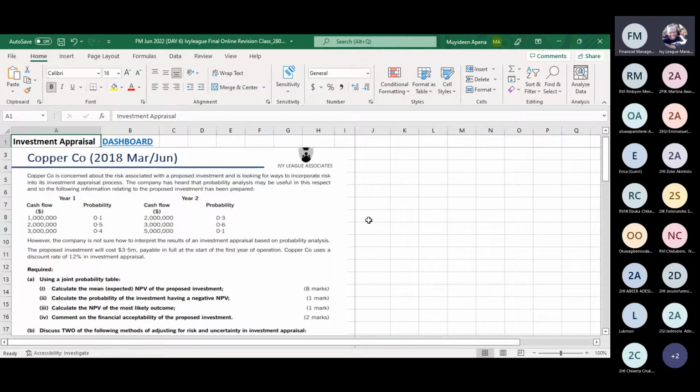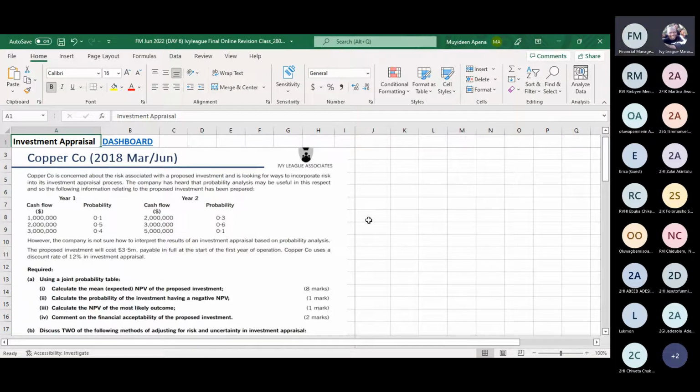In year one, the company is saying they are likely to have $1 million cash flow, on just a 10% probability, 2 million cash flow, 50% probability, and 3 million cash flow, 40% probability.